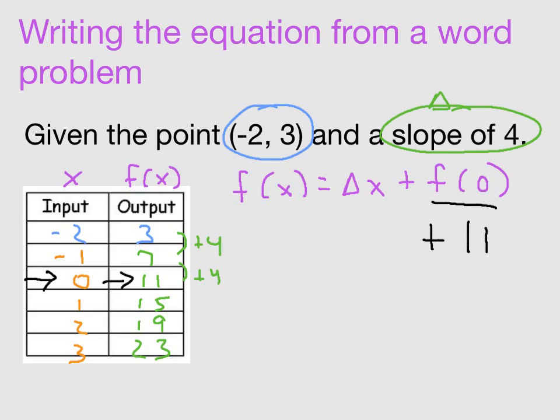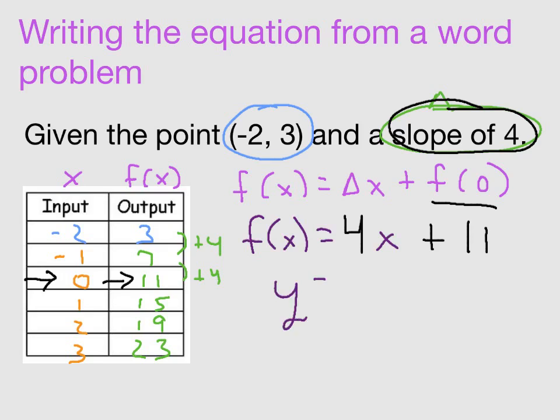I know that my delta came from up here. It's 4. And then I can finish that like we always do. F of x is equal to 4x plus 11. I can also write this with a y.